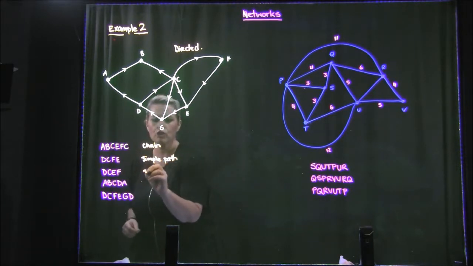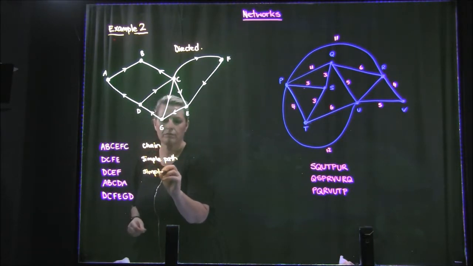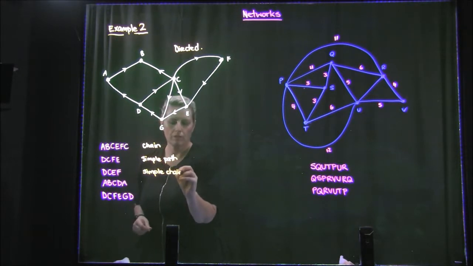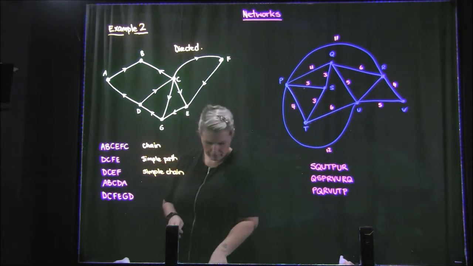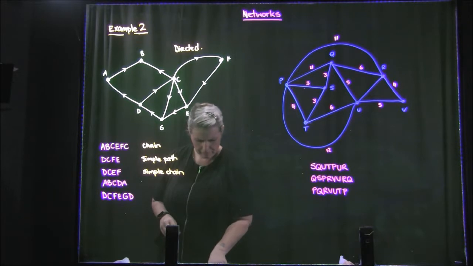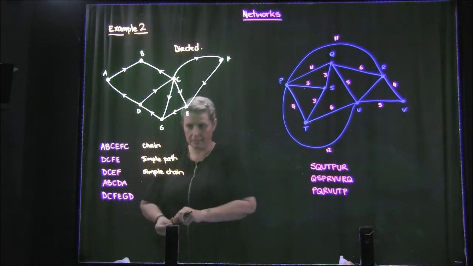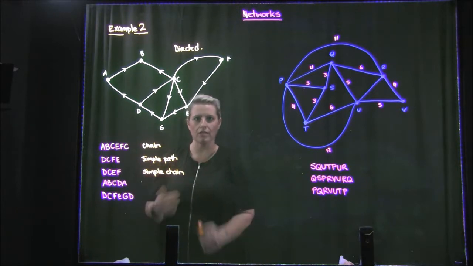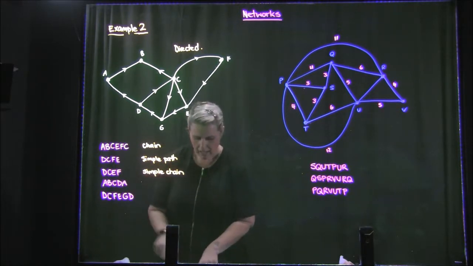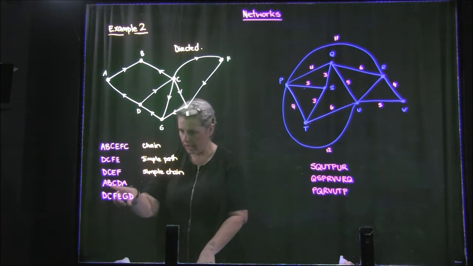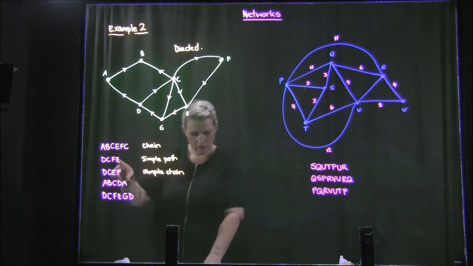Okay, so it's a simple chain. Because it doesn't cross over itself, it's simple, but it is a chain because they're not all in the same direction.